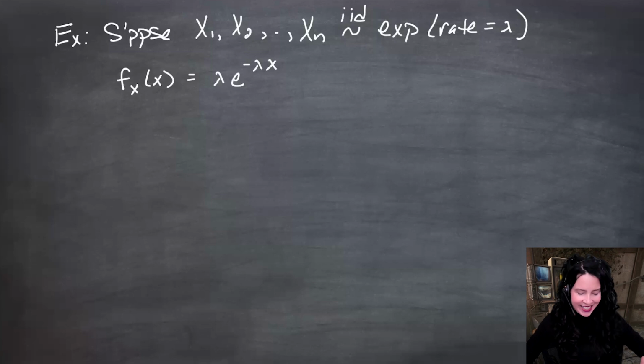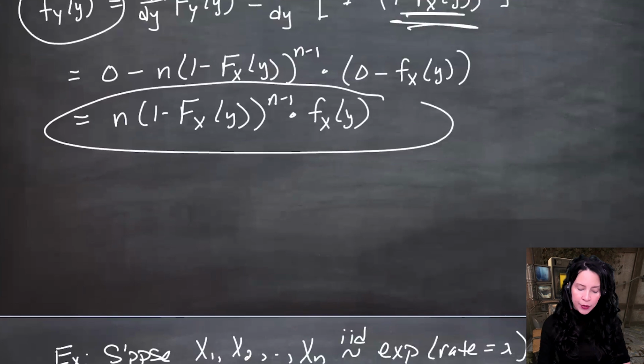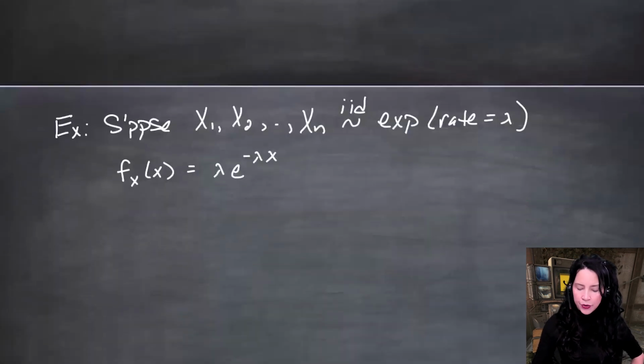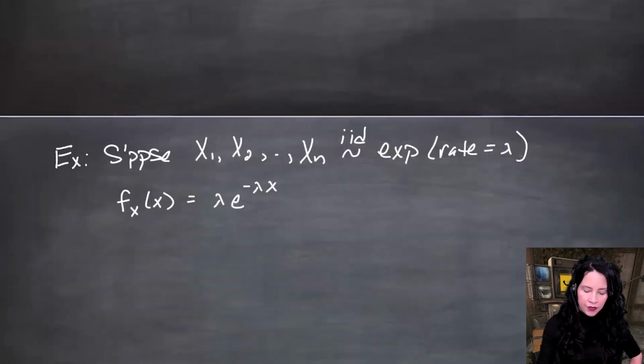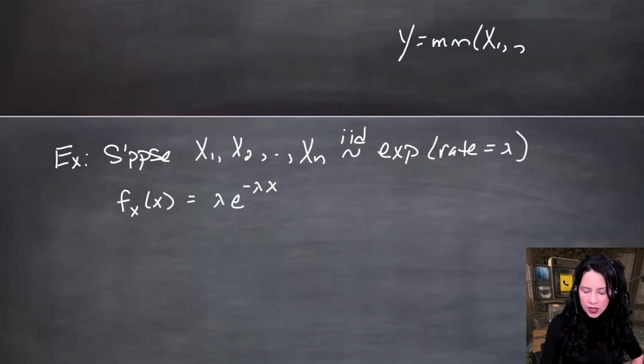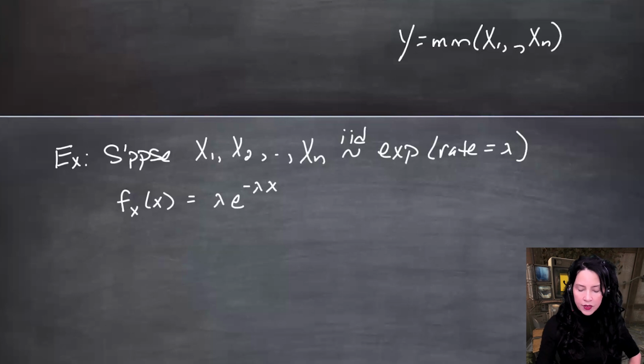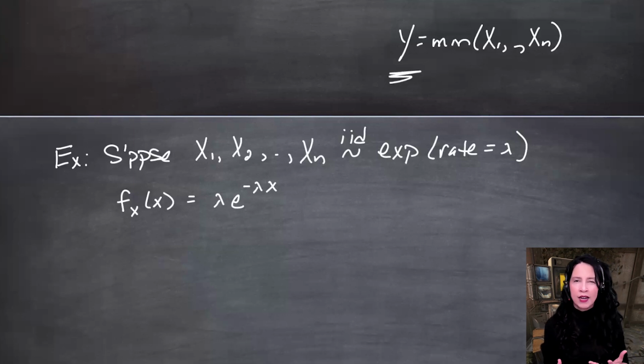I am being inconsistent again. You can certainly use an indicator here, and it will end up in here. But I think it's easier to note that if you're letting y be the minimum of x1 through xn, then the support of y can take on any values that x can take on.